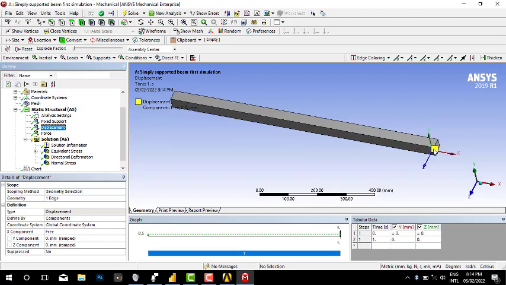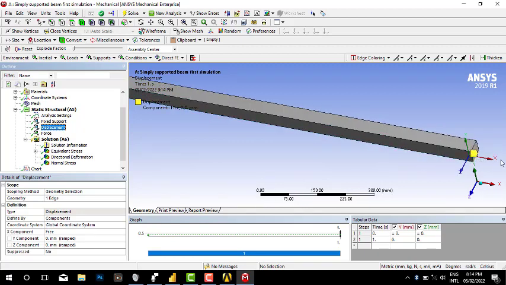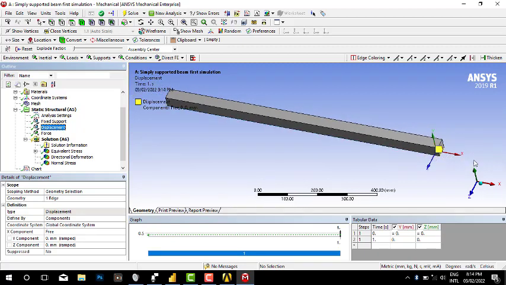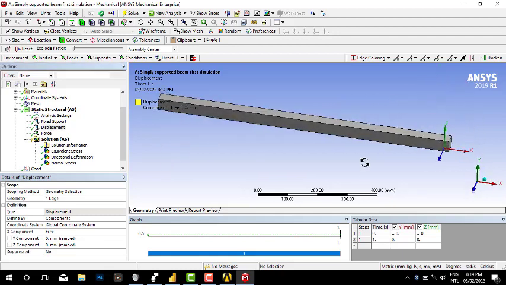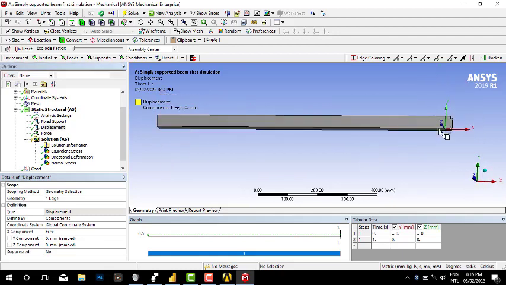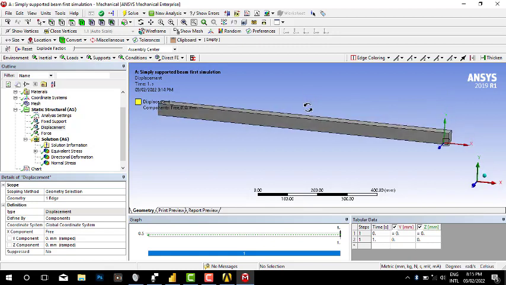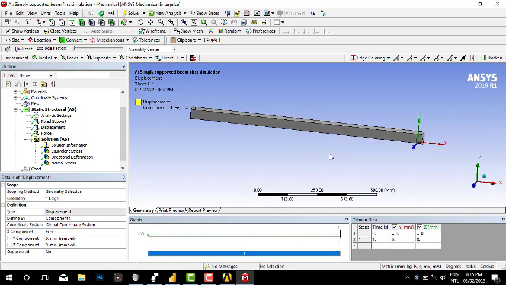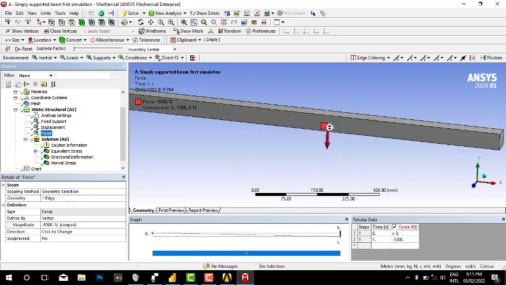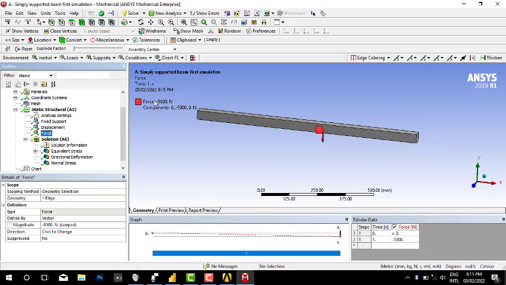So you can see we just have displacements only in the x direction, while it is fixed in the Y and Z directions. Then there was a force applied, a force of about 5,000 Newton. As you can see here, the force is 5,000 Newton.